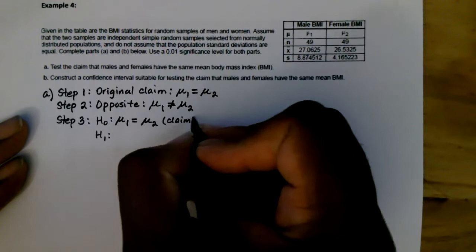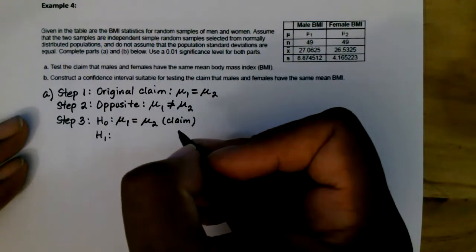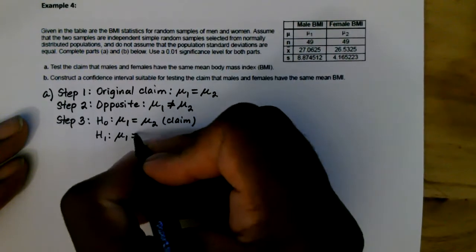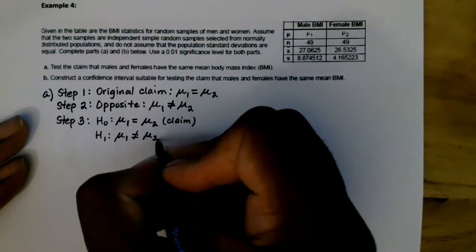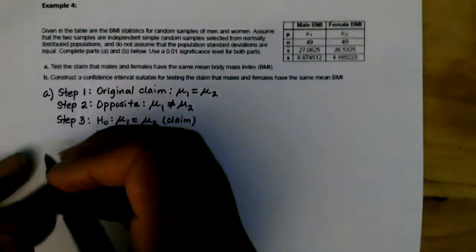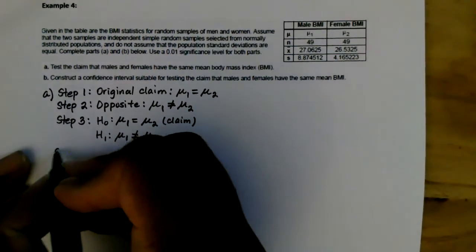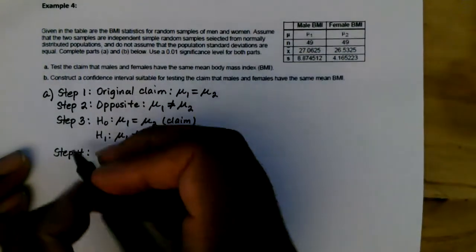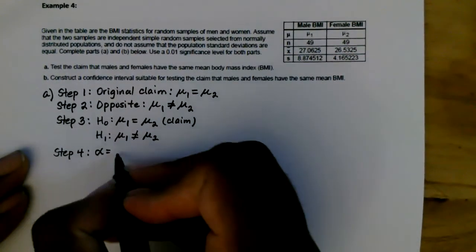This time your claim is the null hypothesis. The mu sub 1 not equal to mu sub 2 will have to be the alternative. The alternative hypothesis always has either not equal to, greater than, or less than. And then step number 4 is your level of significance. In this case, we're using a 0.01 significance level.